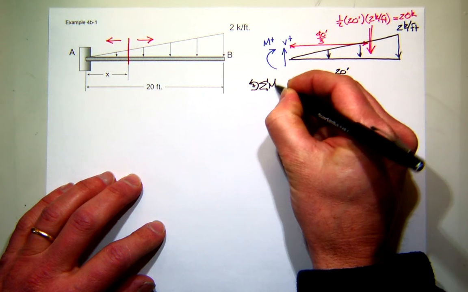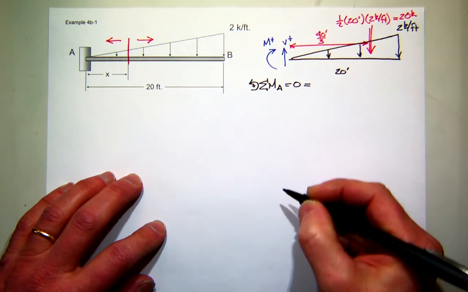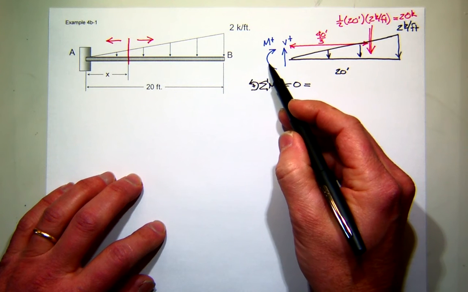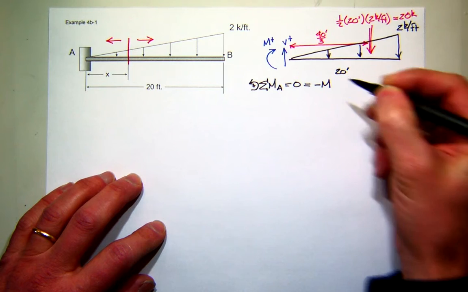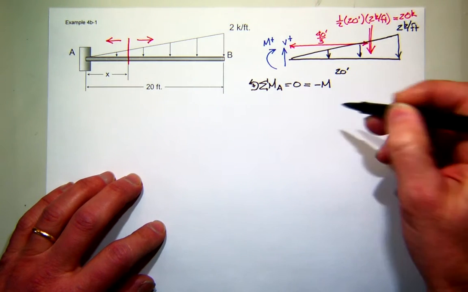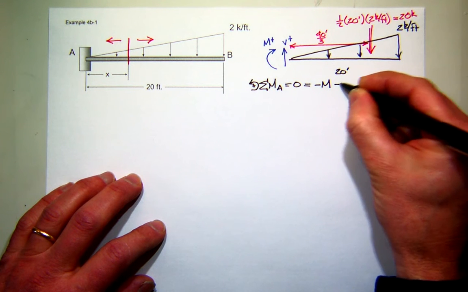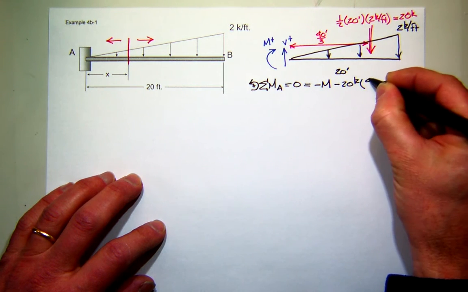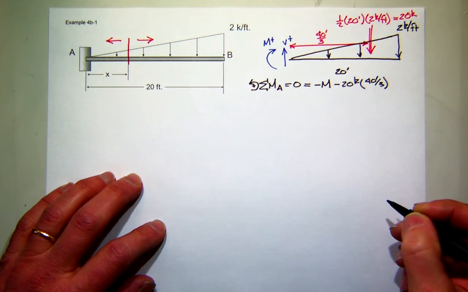So now I'm going to sum moments about A. Make sure they're in equilibrium. So when I sum moments using this sign convention, this moment now becomes negative. So I have minus M. My concentrated equivalent force about A creates positive or negative moment? Negative, so I have negative 20 kips times this moment arm, which is 40 thirds.